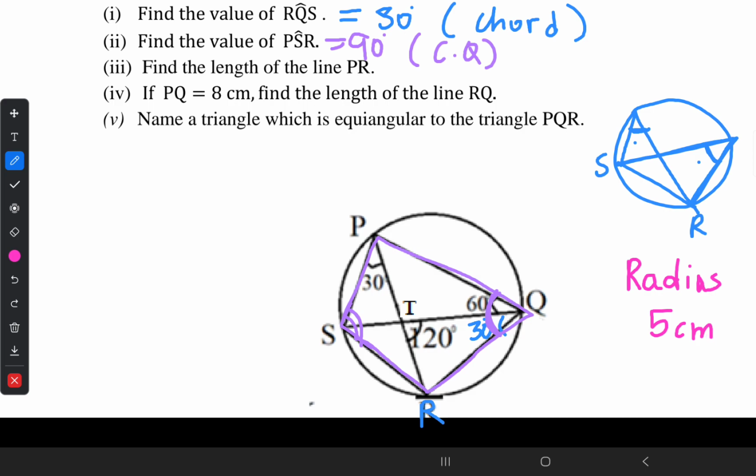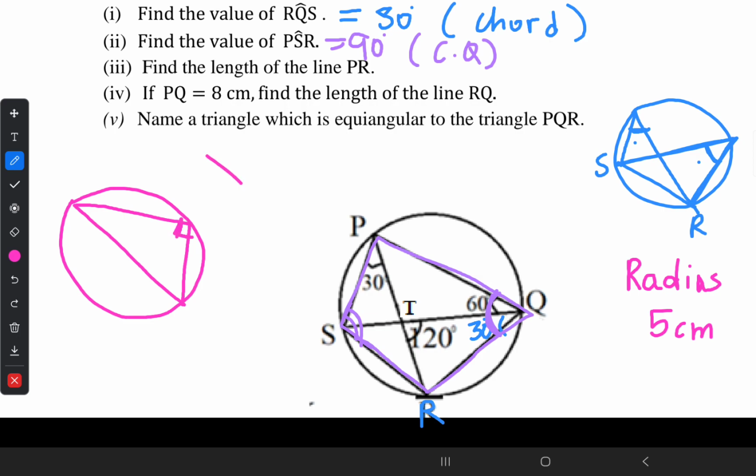You should recall one more theorem: if there is a circle and we have a diameter, when you draw a triangle on one side of the semicircle using this diameter, that will create a right angle. I'll repeat again. There is a circle. This would be our diameter. This diameter will create a right angle on one side of the semicircular triangle.